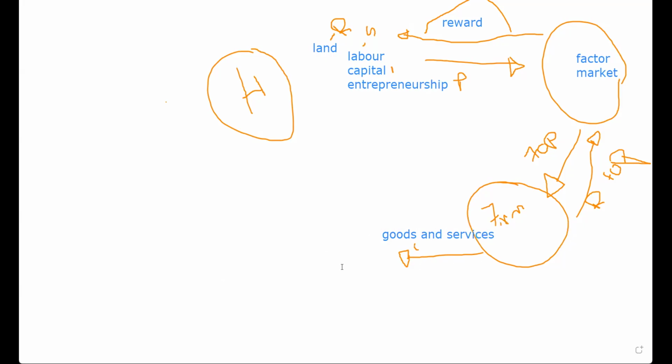Then the firm sells the goods and services to the products market or the goods market. The products market is the same as the goods market. The goods markets are basically our markets such as Pick and Pay and so on, where we buy goods and services. So this is the products market.